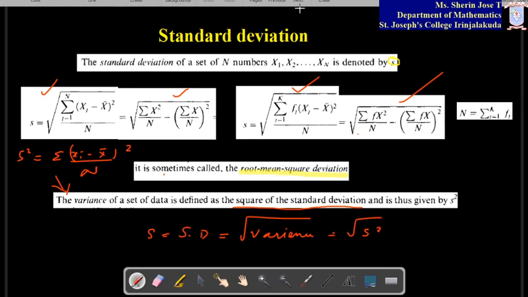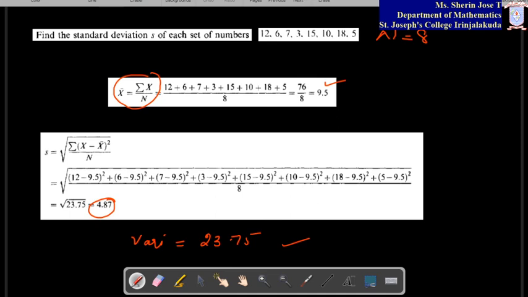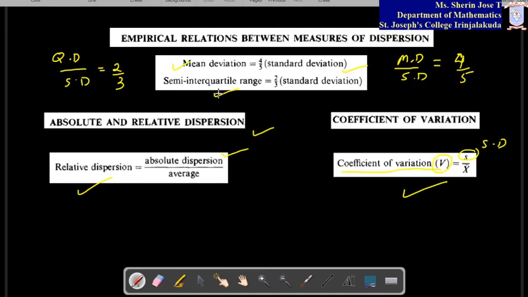Then try one problem from the exercise to check the empirical relations, whether mean deviation and standard deviation relations are correct.